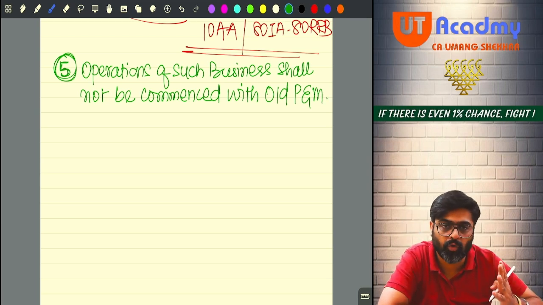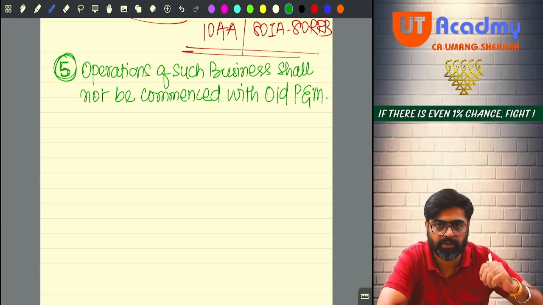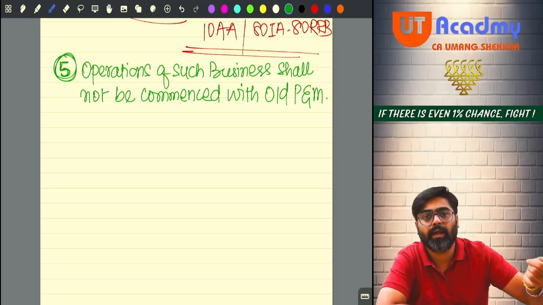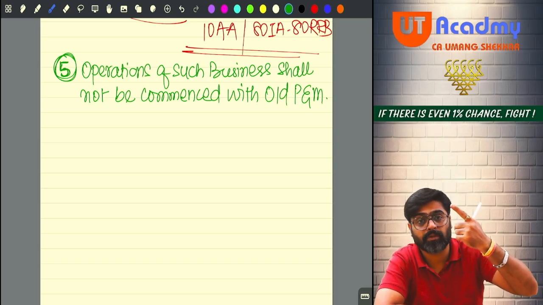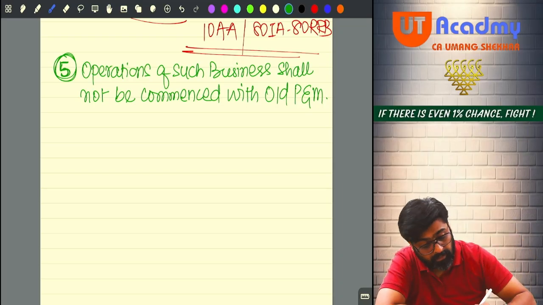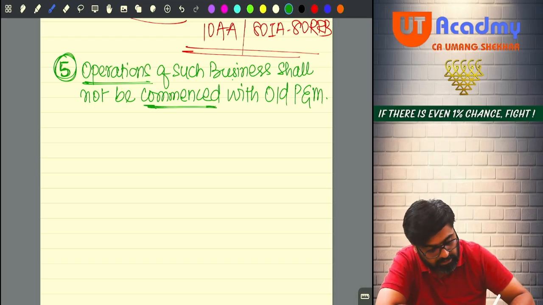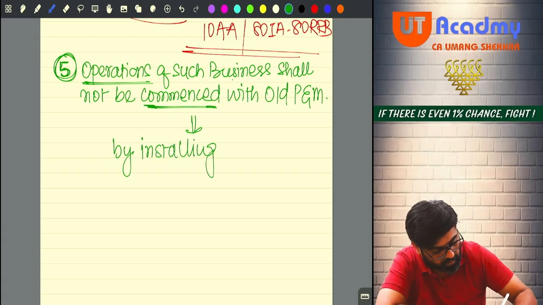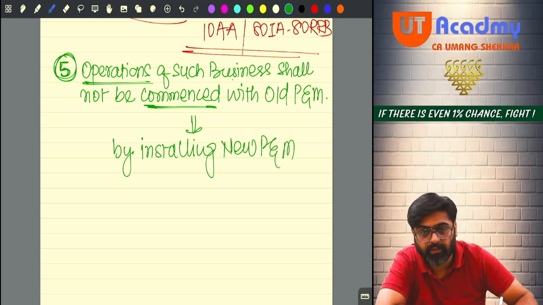Whenever you want to start a new business, install new plant and machinery. Why are you starting the operation with old plant and machinery? Meaning that operations of such business shall commence by installing new plant and machinery.